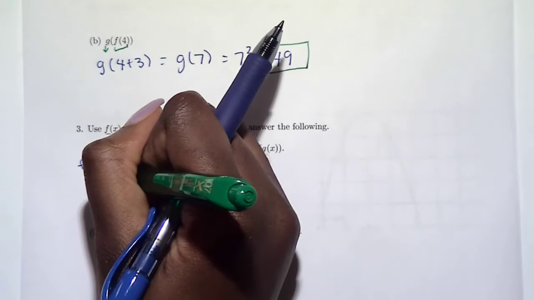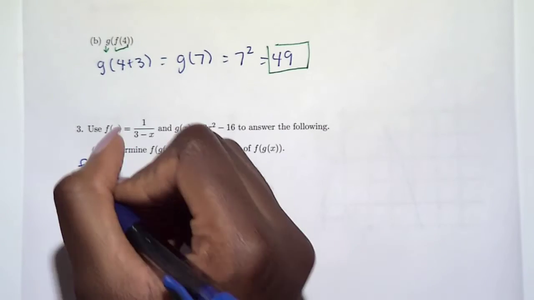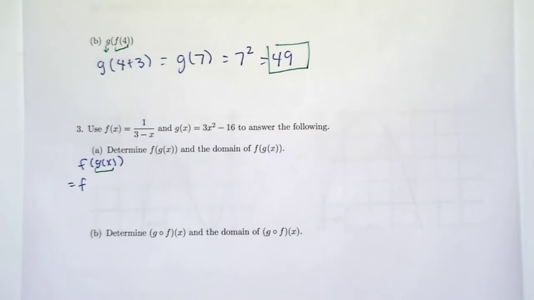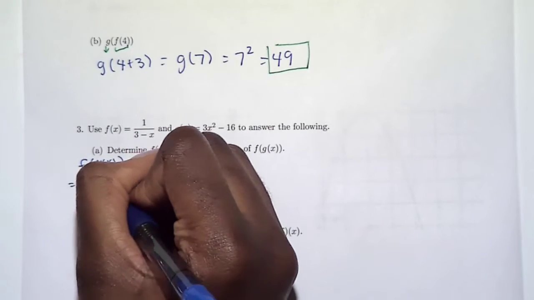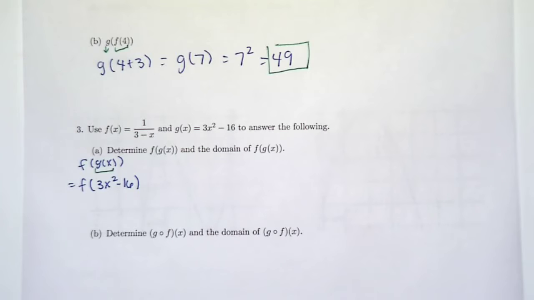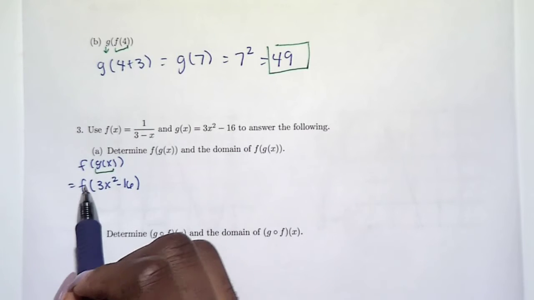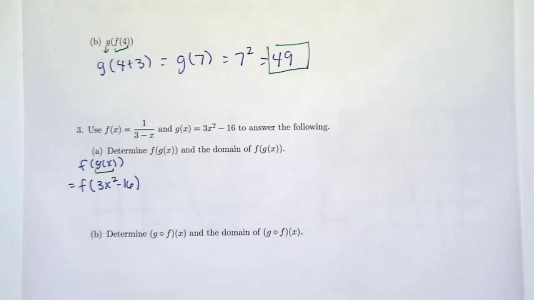Remember, we always start in the middle, on the inside, and we just bring the f right down. So g of x is what? G of x is 3x squared minus 16. So we just figured out f of g of x. Now we have to find f of 3x squared minus 16. Well, what does that mean?